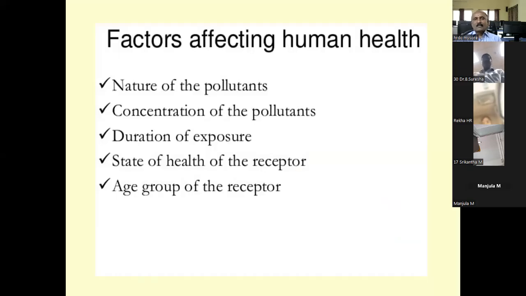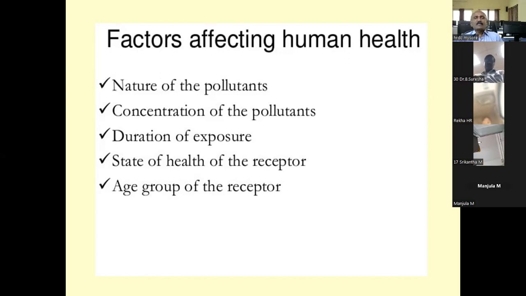Now, what are the factors that affect human health? The factors are, first, the nature of the pollutant. Nature means what type of pollutants are being released into the environment after a disaster. Whether the pollutant is mere different sized particulate matter, or contains chemicals, or is due to the presence of spores given out from the living entities of plants or animals.